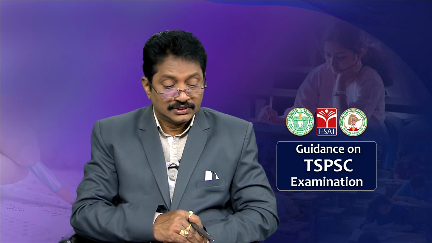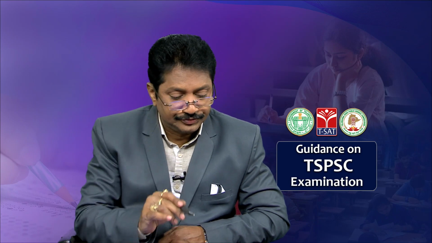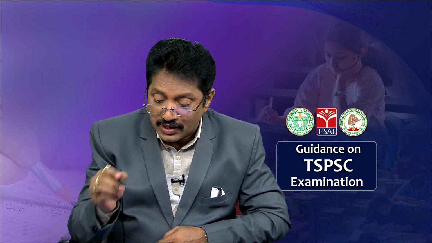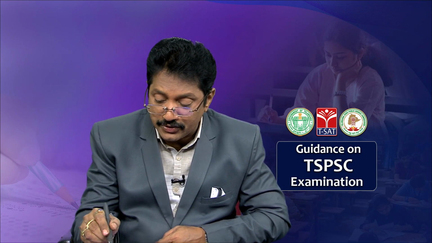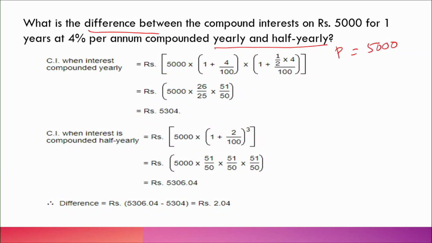Okay. When the compound interest is calculated yearly, what is the amount here? The principal amount will be 5,000, correct, and the rate of interest is calculated per annum. If you calculate yearly, then it is 4%, there is no change, correct.